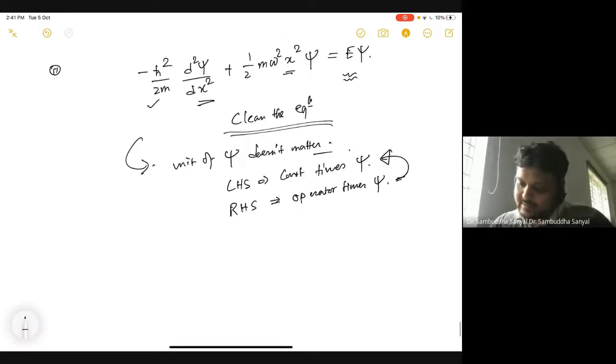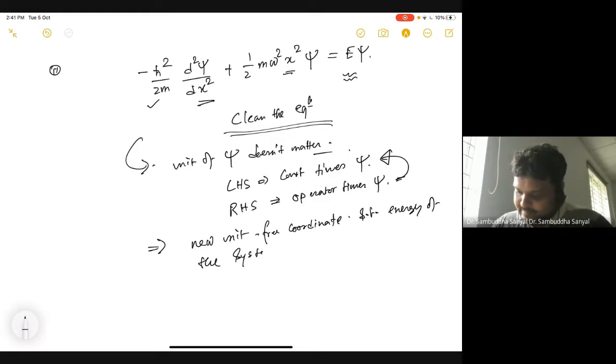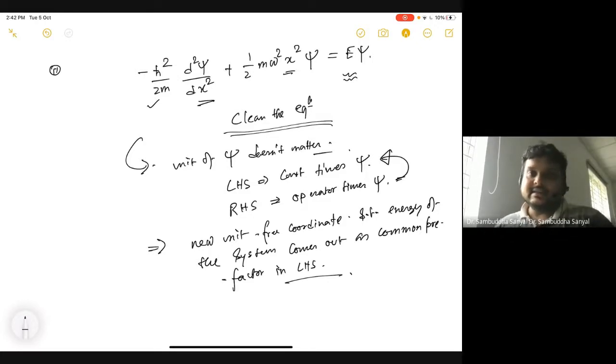To do that, the strategy could be to go to a new unit, or a unit-free coordinate, such that the energy of the system comes out as a common prefactor in the left hand side. That is our agenda. Let's see how I can do that.